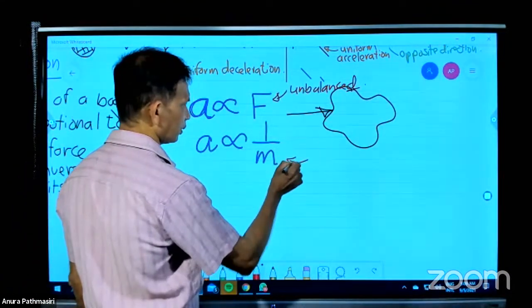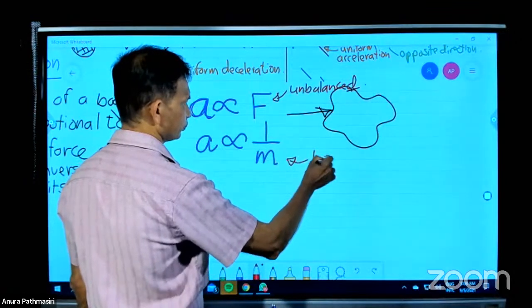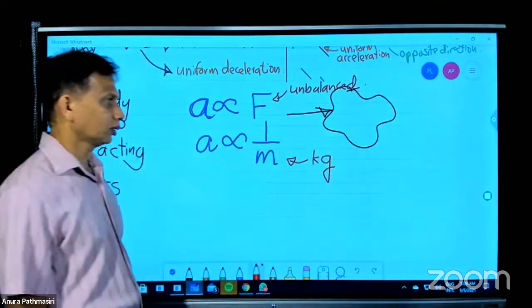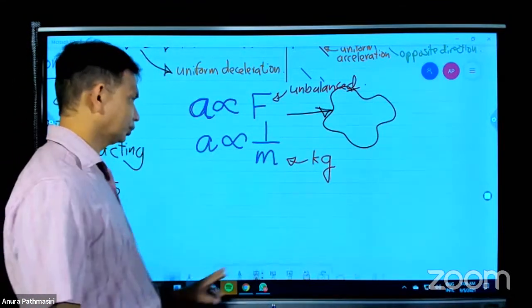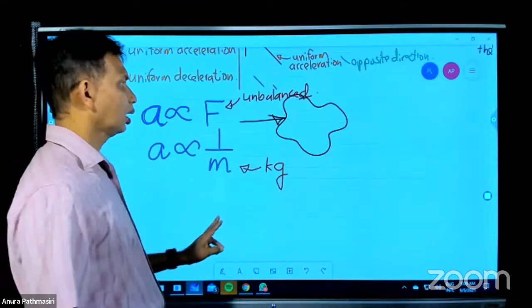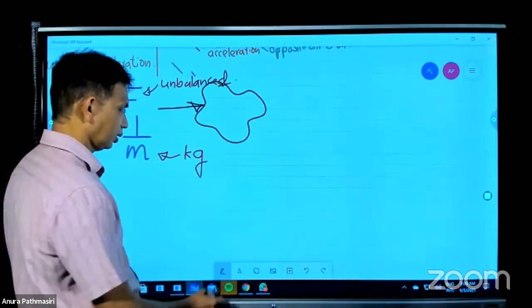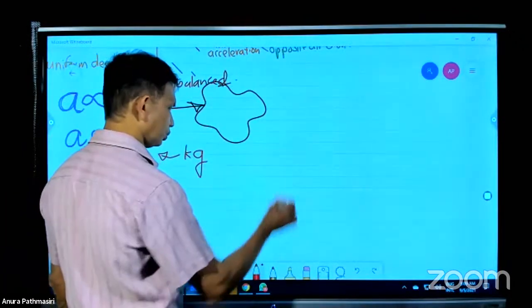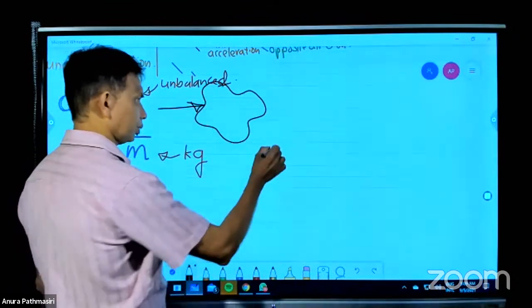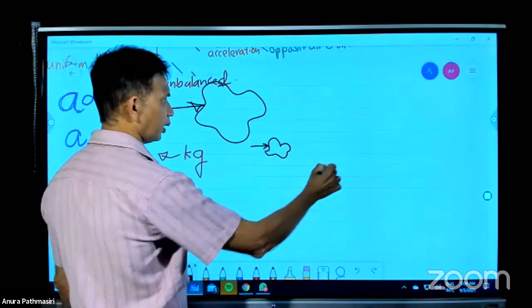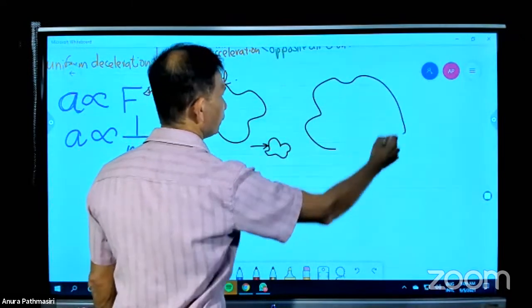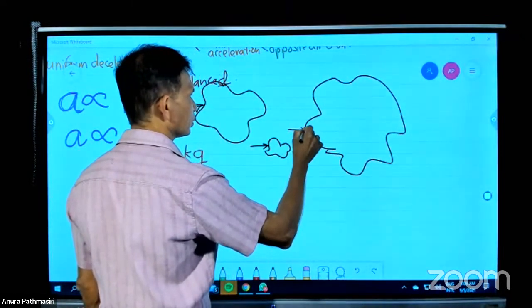Mass should be taken in kilogram, right? It is very easy to push a small mass than a very big mass.